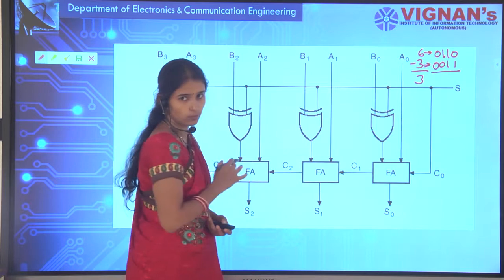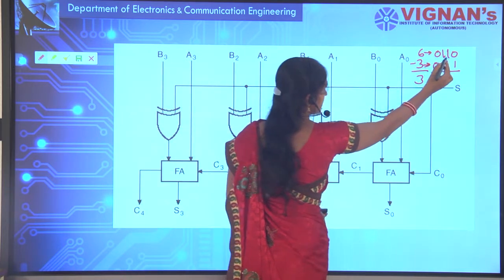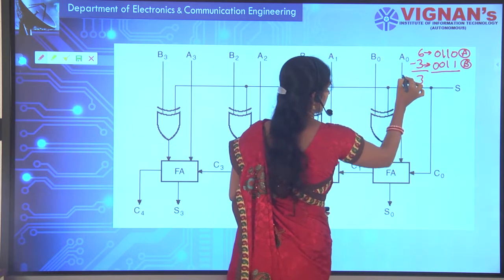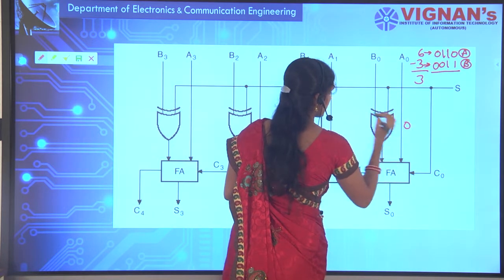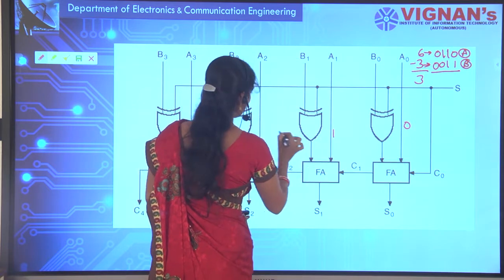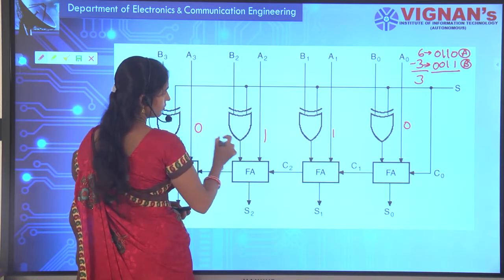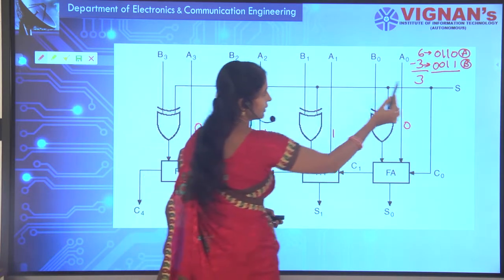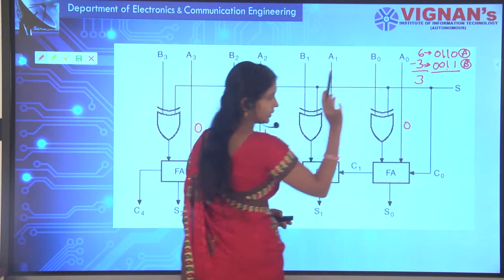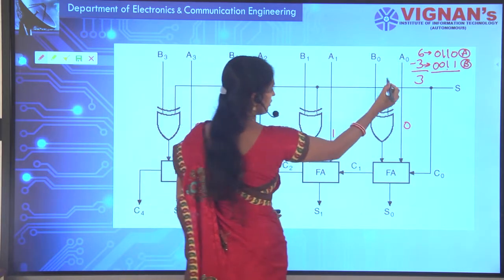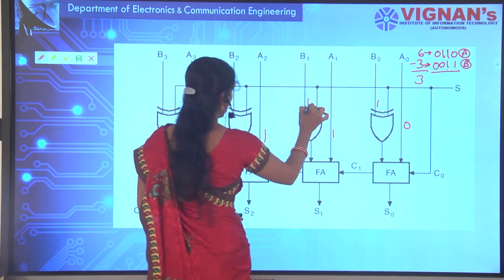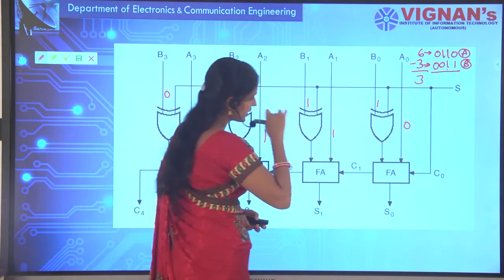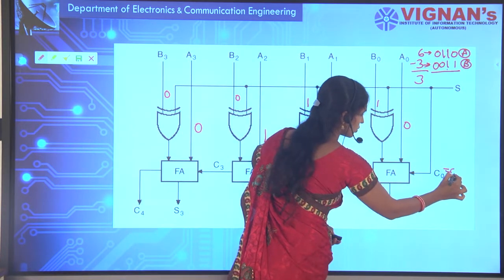Now you will provide all those values: this is your A, this is your B. That is, 0110 is A0, A1, A2, A3, which I have provided, as well as B0, B1, B2, B3 I should provide. So what will be our B? 1100. Suppose I am considering C0 equal to 0.